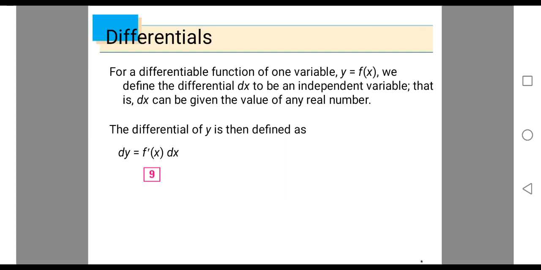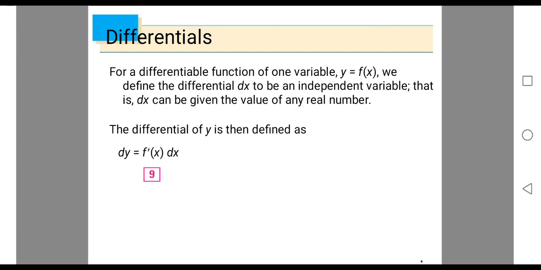Whenever we were saying y is equal to f of x, we were taking this dx to be an independent variable, so dx can be given the value of any real number. Yes, that's true. The differential of y is then defined as dy is f prime of x times dx.